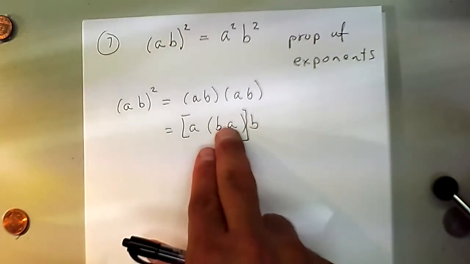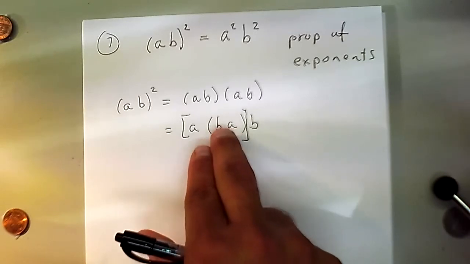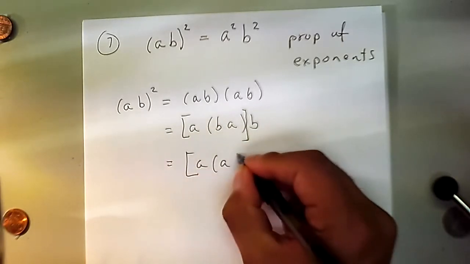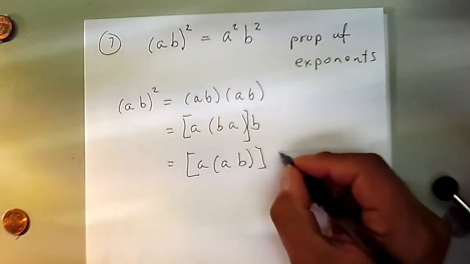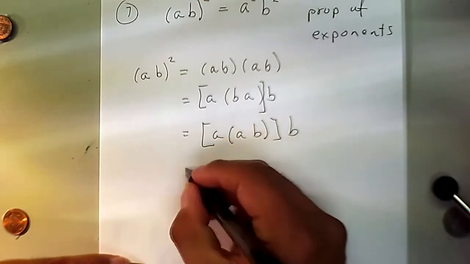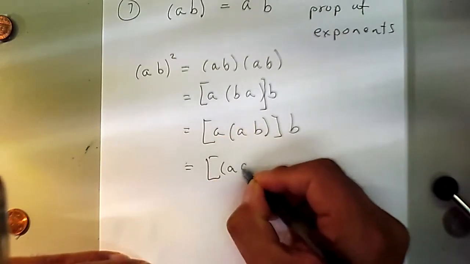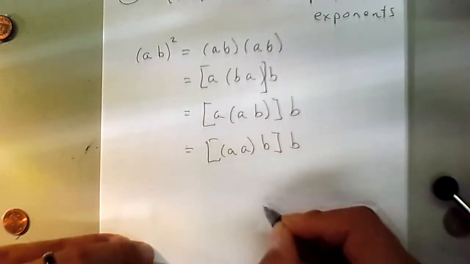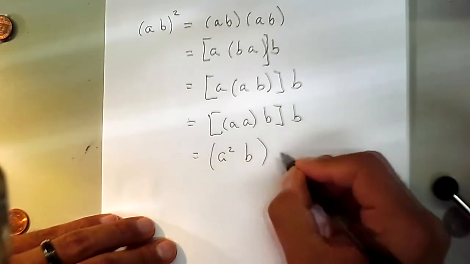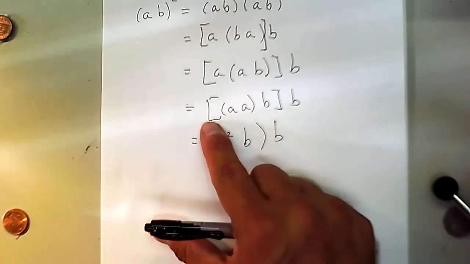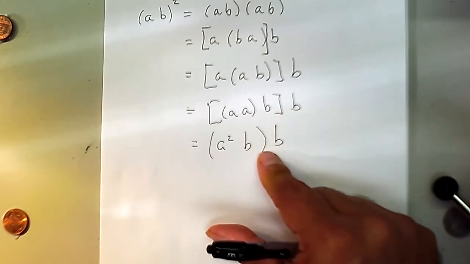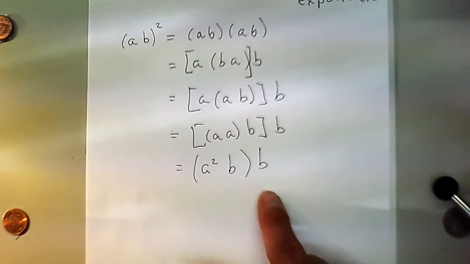Now we can use the commutative property of multiplication. So this is really A times (AB), close the other grouping symbol, times B. And then those two we have to put together. So we reassociate A, B, B. That is A squared, B, and then B. It doesn't matter if you use square brackets or round parentheses when we're grouping things together.